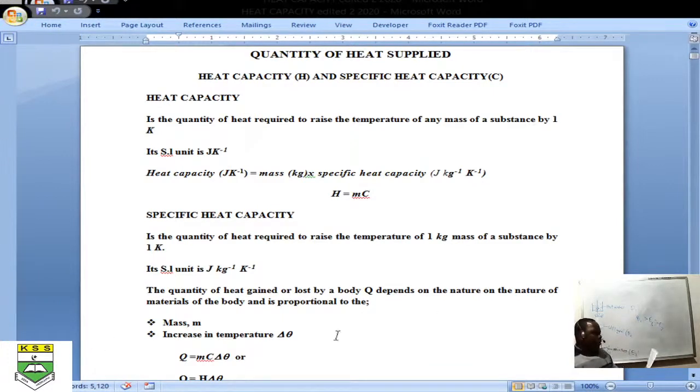Now, there is a question that we were supposed to look at. That question is going to help you grasp what we talked about yesterday.